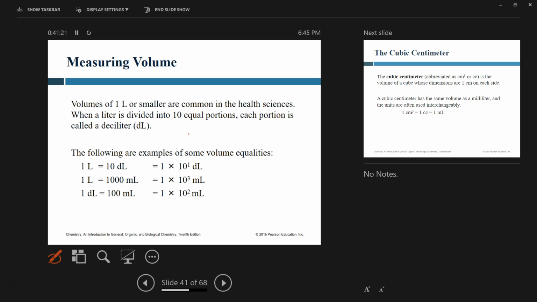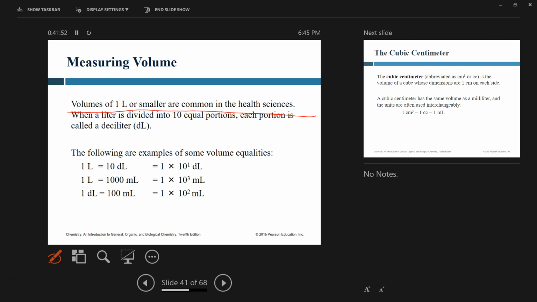Now, volume. We use liters in the health sciences. It's kind of weird, even in the metric system there are some variations. If you ask a physicist or an engineer, they will always use the volume of a cubic meter, which is enormously large, to be honest.